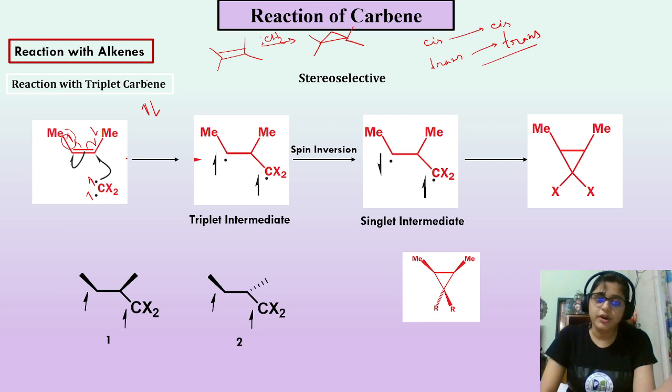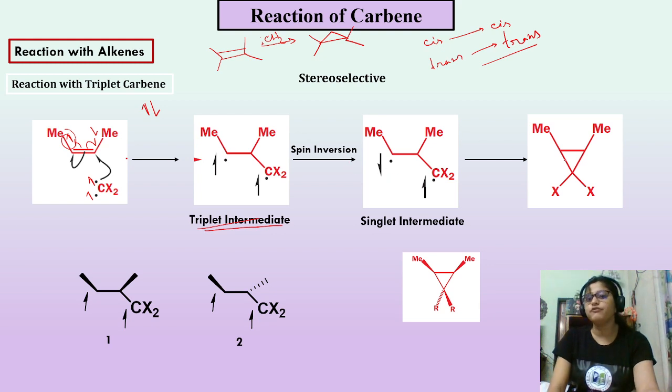It is called a triplet intermediate as the spin multiplicity is 3. Here spin inversion is going on, in which one up spin goes to down spin, and now they can form a bond.